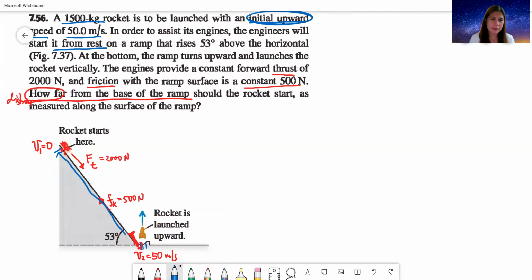What's the length of this ramp? Okay, the length of the ramp which the rocket should travel so that when it is launched upward, it will have a speed of 50 meters per second. So we will call this distance along the ramp as distance, say S.